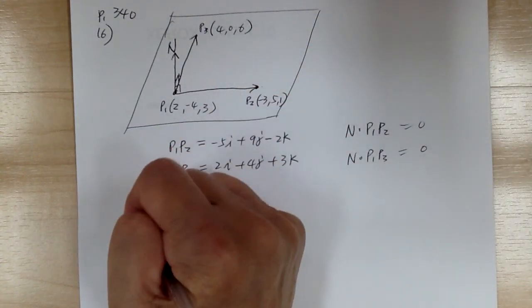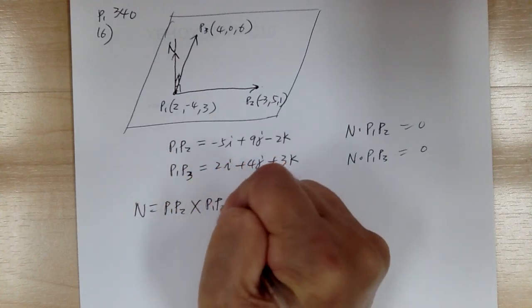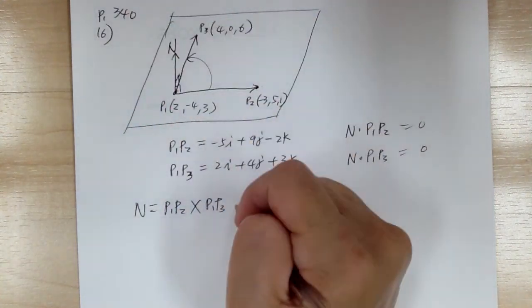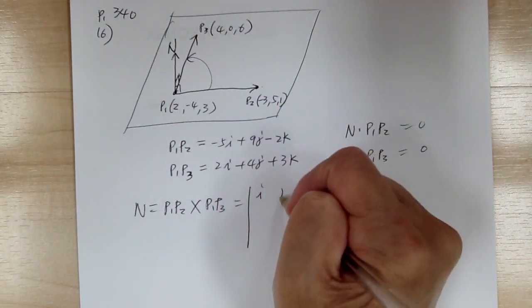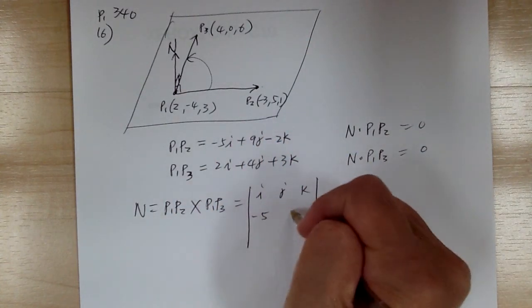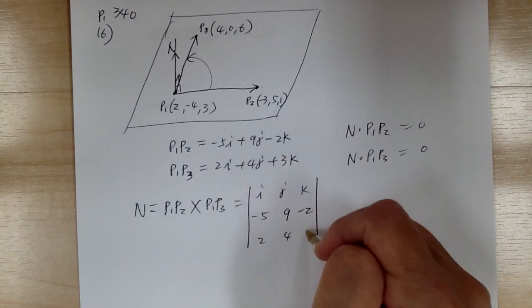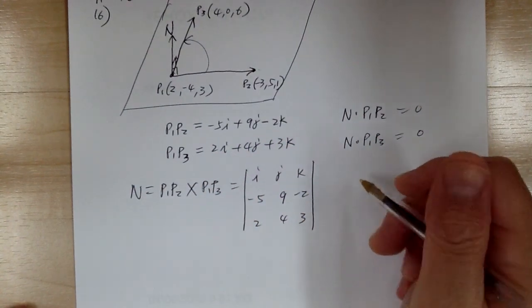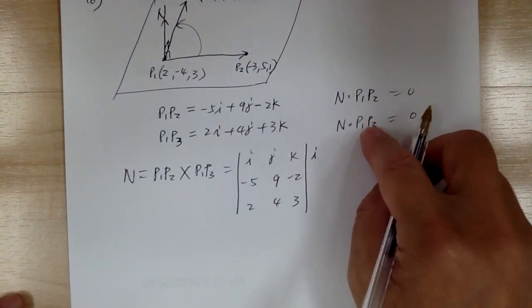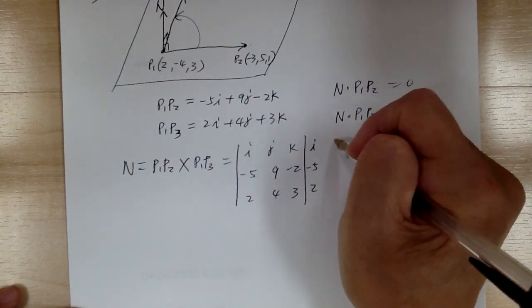Okay, so n equals P1P2 cross P1P3. So again, you cross P1P2 and P1P3, you get the normal. So this would be i, j, and k. So P1P2 would be negative 5, 9, negative 2, and this would be 2, 4, 3. So again, you can do the other method, but it is more complicated, and it's harder to understand.